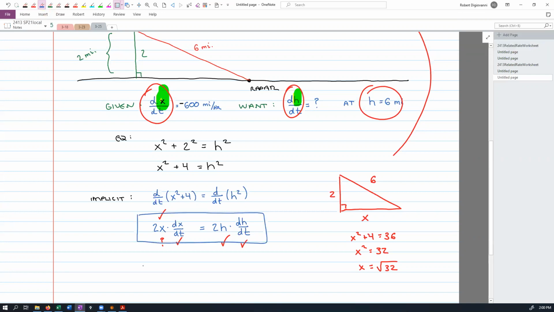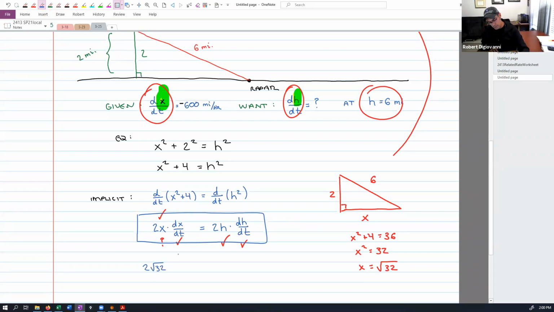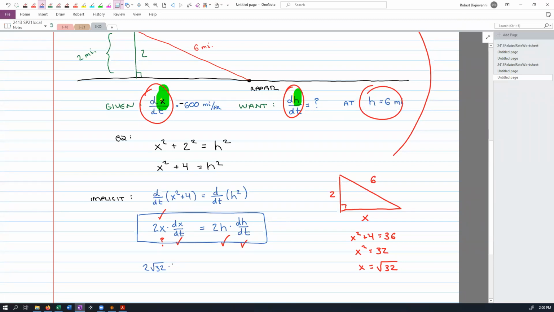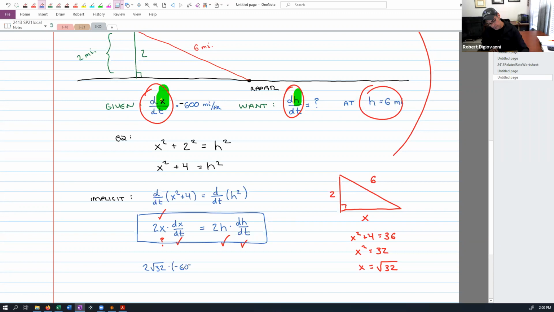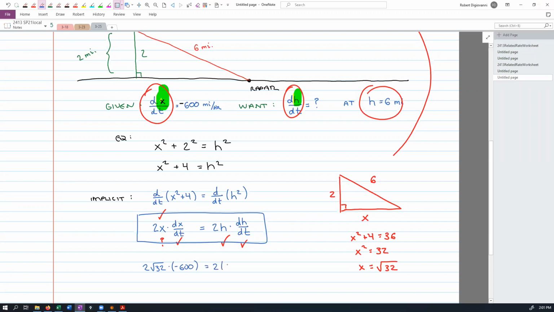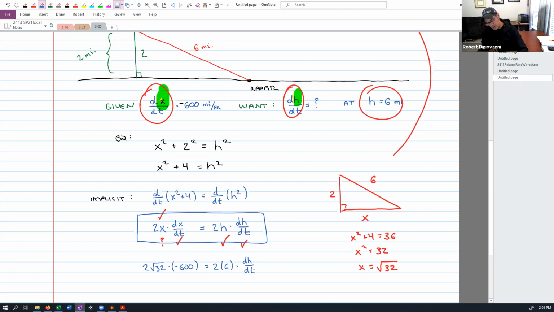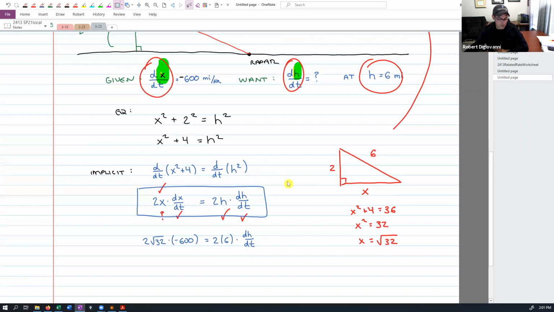Okay, it's going to be 2 times the square root of 32, times negative 600, equals 2 times 6 times dh/dt. Yep, and that's what we're trying to solve for, so we'll just leave it like that. All right, good. I think at this point, we can just get a calculator out and figure out the left-hand side.